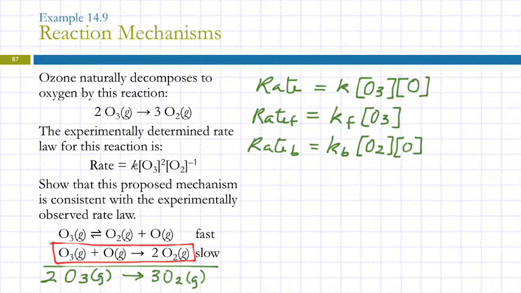And chemists don't like to write the number 1 unless we have to. So these rates are equal, so Kf times O3 equals Kb times O2 times O, because the forward rate equals the back rate. So Kf[O3] equals Kb[O2][O].